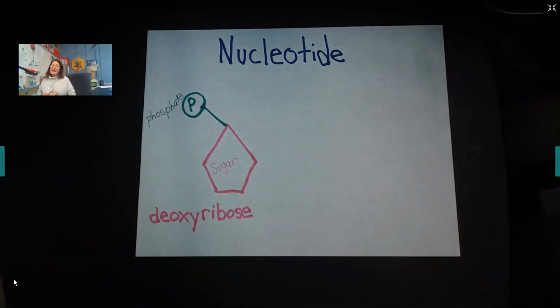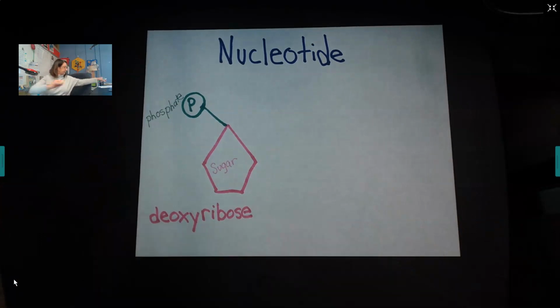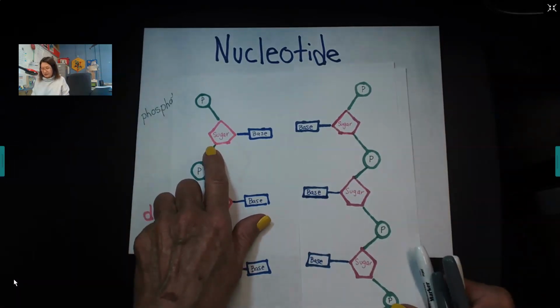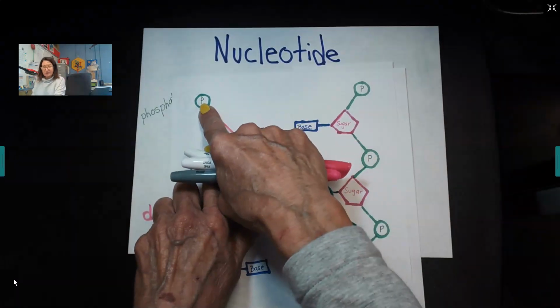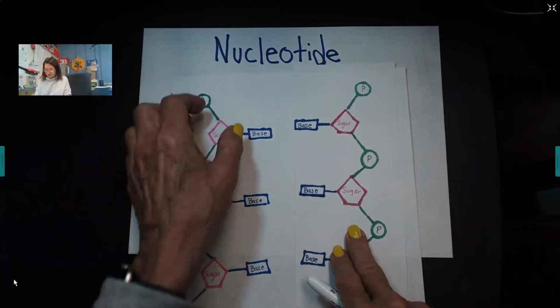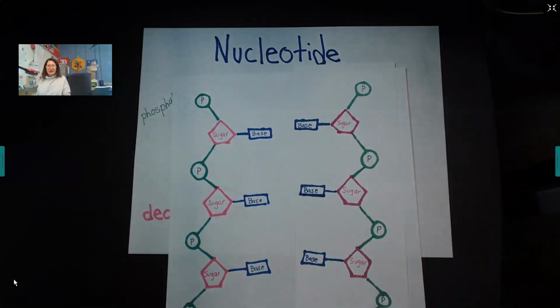All right, and now a crucial part of the DNA is the base. But I want you to notice this nucleotide here. Notice how it's the base and the sugar, which I just drew. If we looked at the ladder, this is going to be both sides of the ladder.